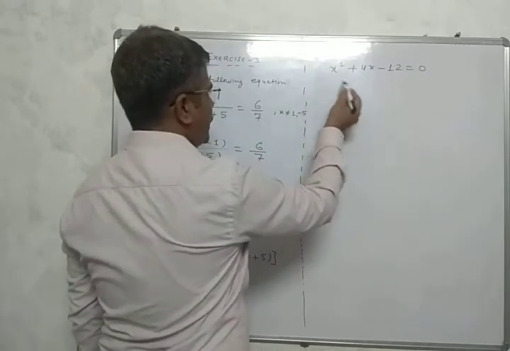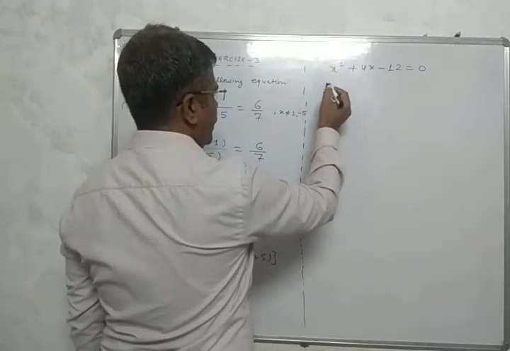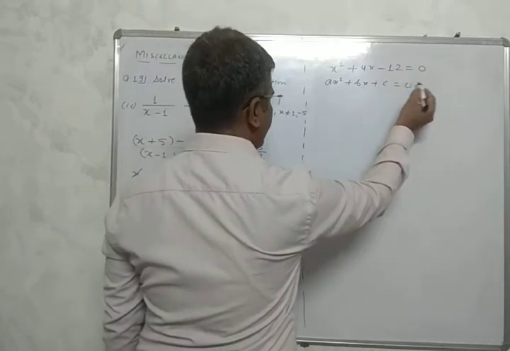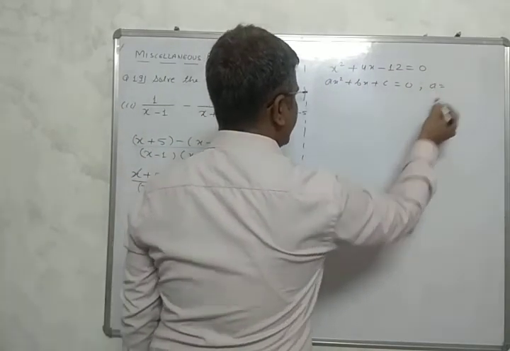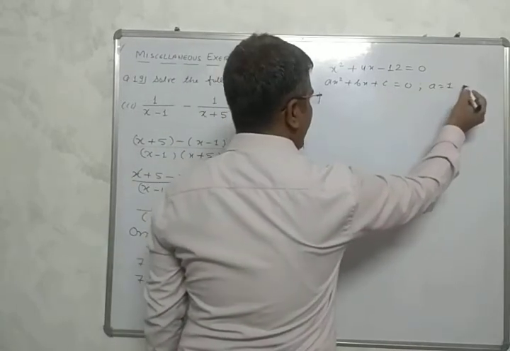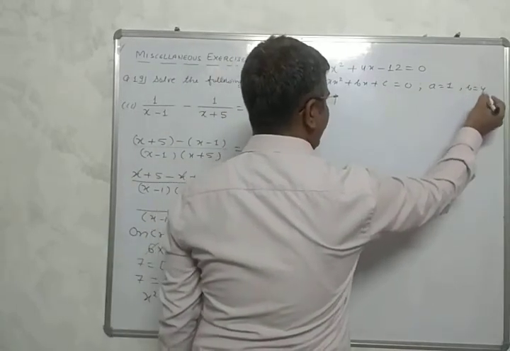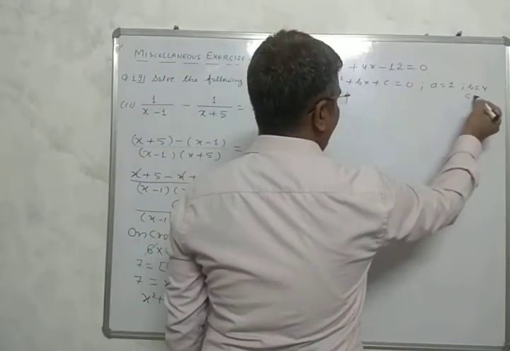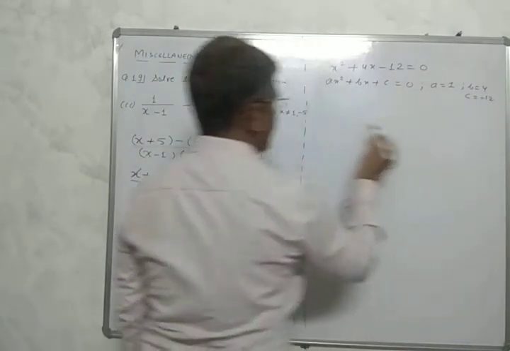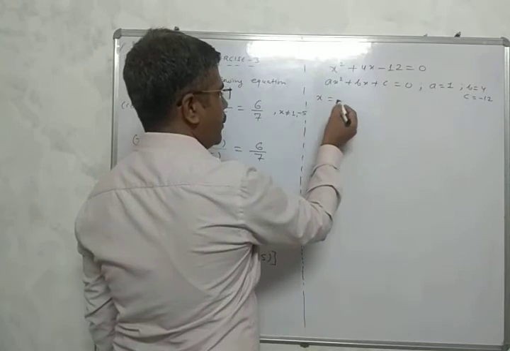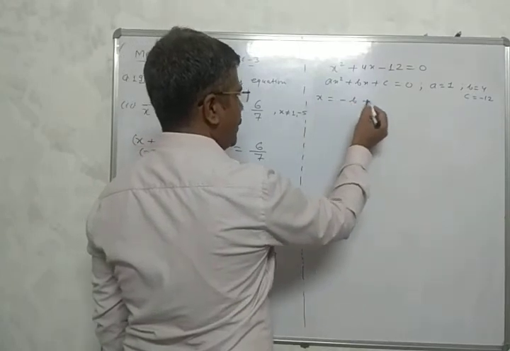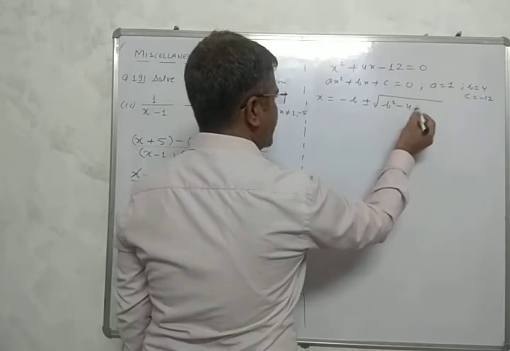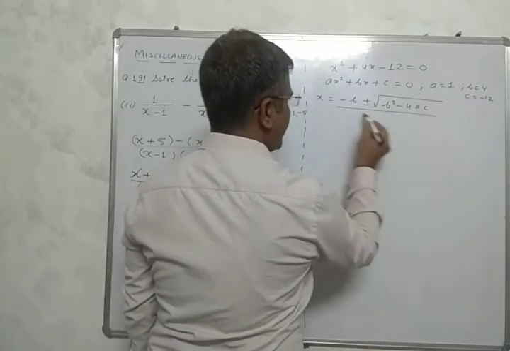On comparing with standard quadratic equation ax square plus bx plus c equals to 0, we have a equals to 1 and b equals to 4 and c equals to minus 12. We use quadratic formula x equals to minus b plus minus under root of b square minus 4ac upon 2a.